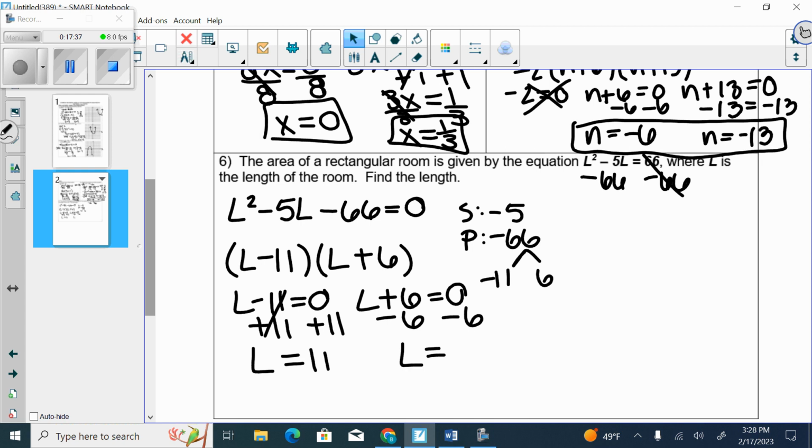So L is negative 6. All right, it said to find the length. That means there's only one length, right? But we just came up with two answers. It's got to be the 11. Why? Right, you can't have negative length, so it would have to be the positive one. Very good. Good job.